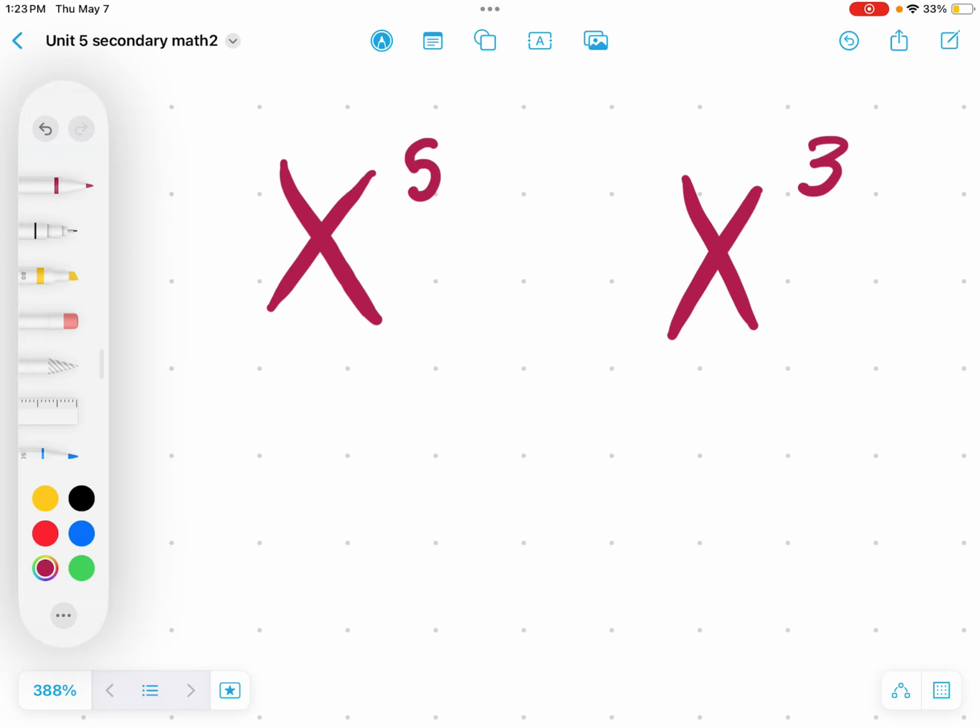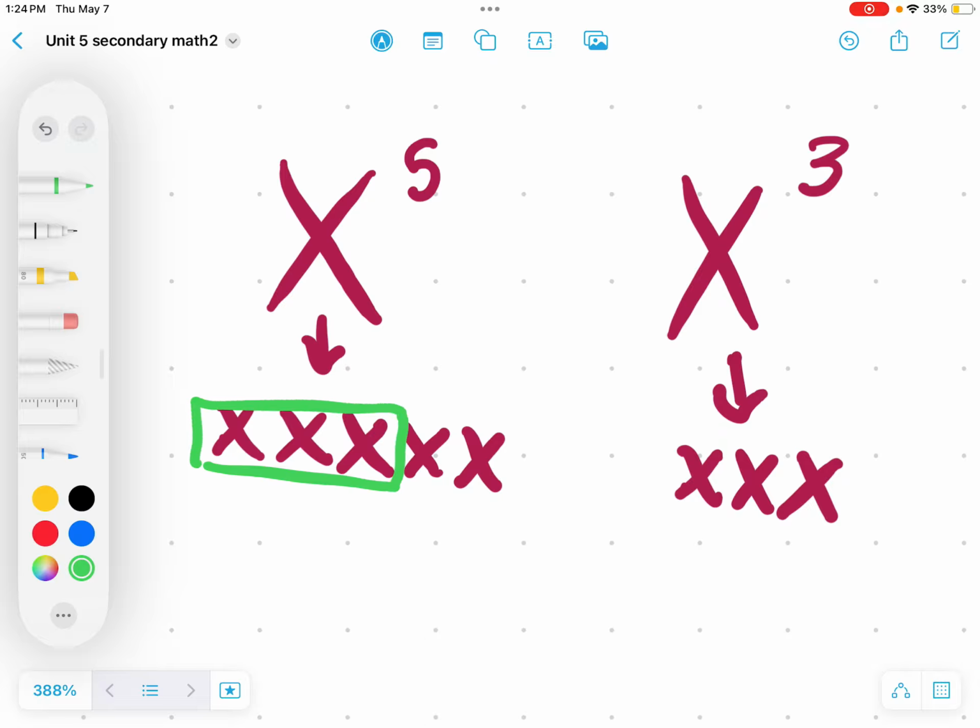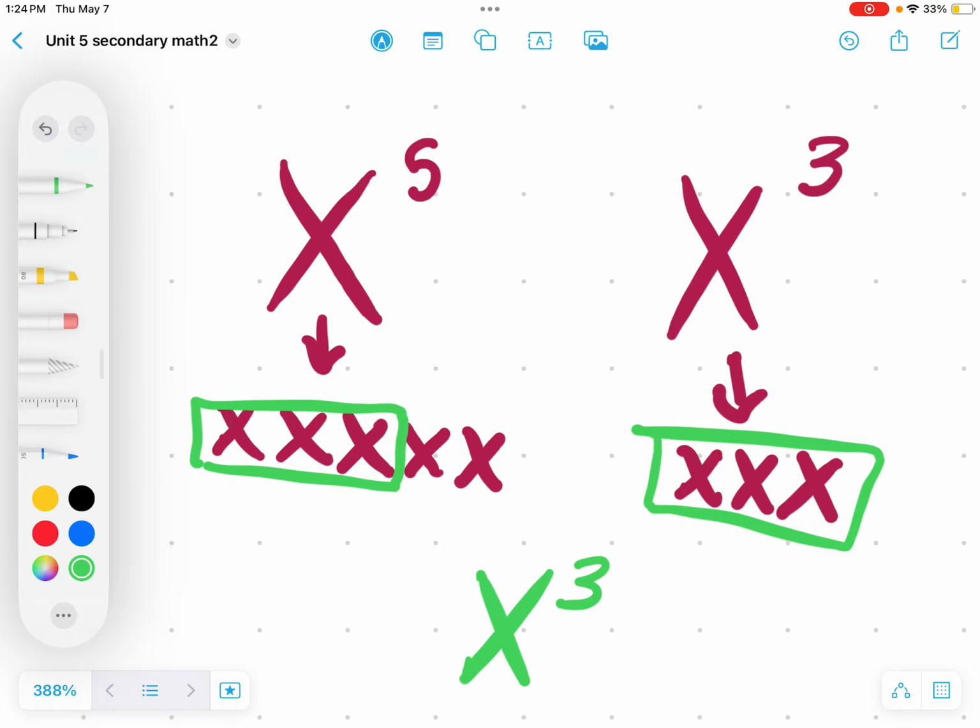We have 5 x's, x times x times x times x times x. How many x's do you have here? 3 x's. How many x's do they have in common? They only have 3 in common, so the greatest common factor would be x cubed.